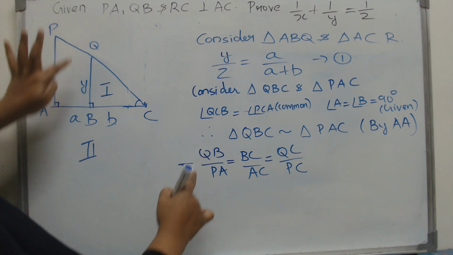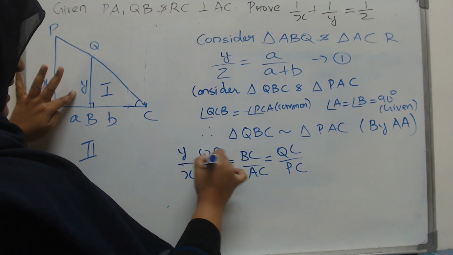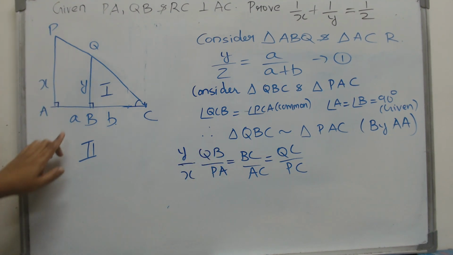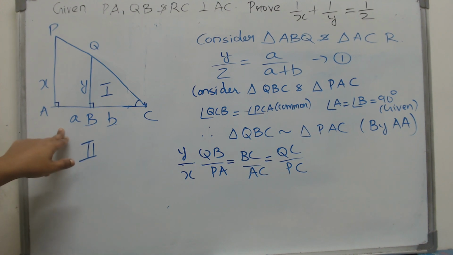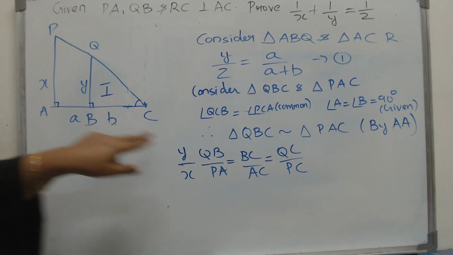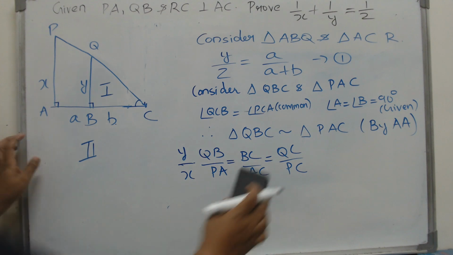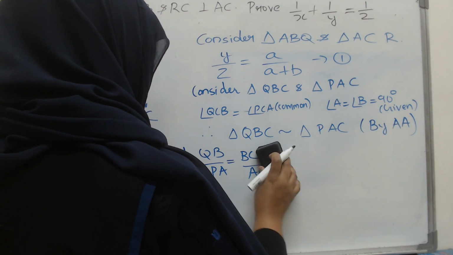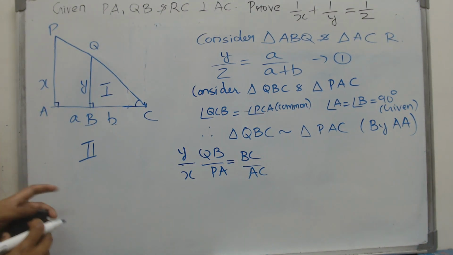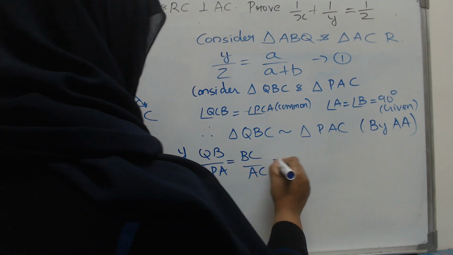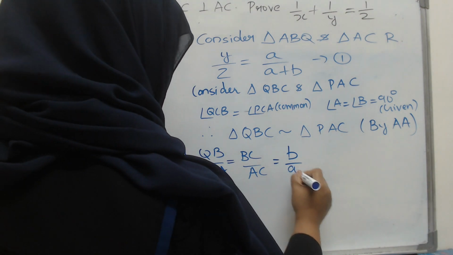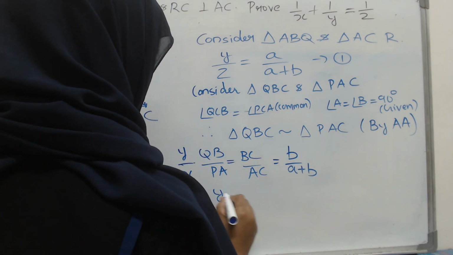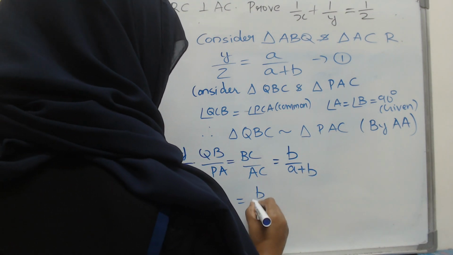And we need QB, which is Y. This one is what we are talking about. And next, to connect both the results, we need A and B also. Where do you see them? Here. This one is what we need. The third one we don't need, so I will get rid of this. So BC is B. AC is A plus B. So the result we are looking for looks like this.